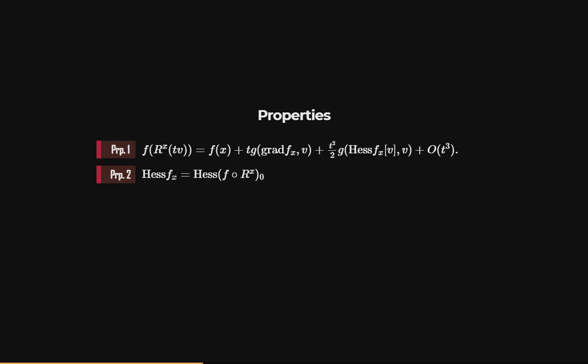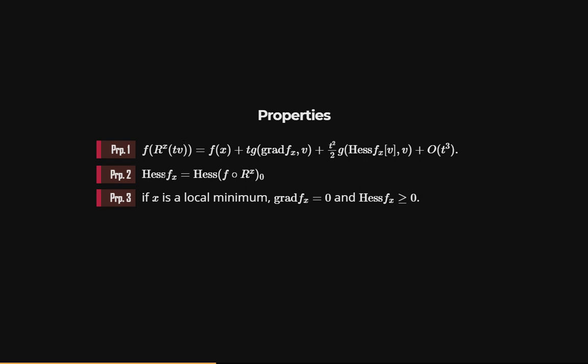Now, the Hessian of f at x is the Hessian of the composition at 0, which is true also with the gradient. And now, if x is a local minimum, this is not a property of the retraction, it's something we can prove with the curves given by the retraction, or with geodesics, if you want to use geodesics.